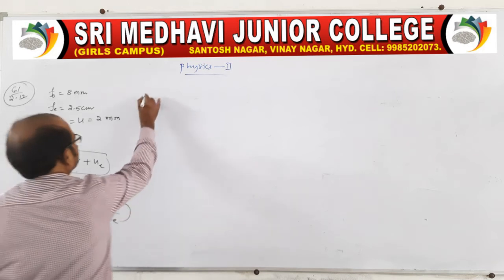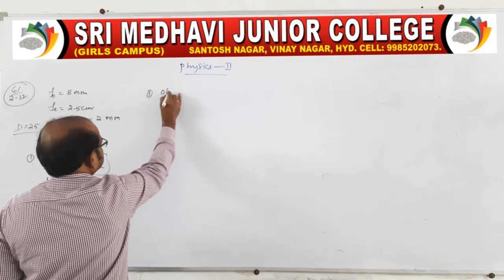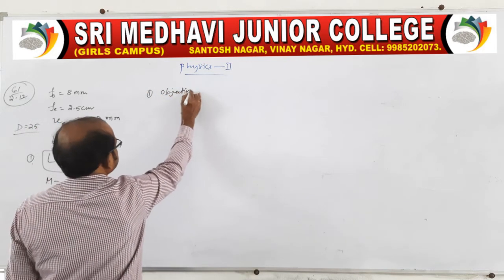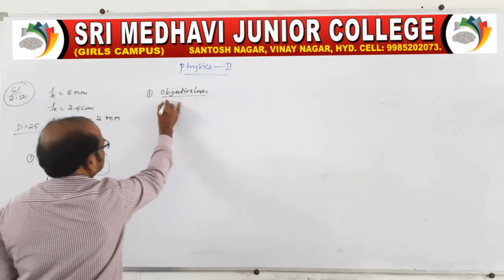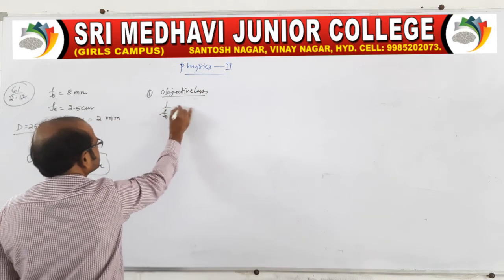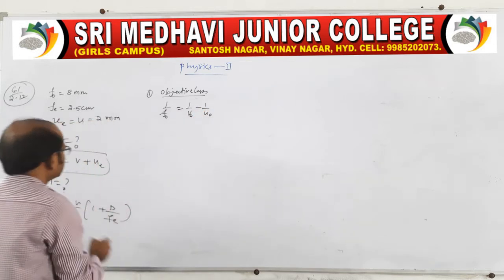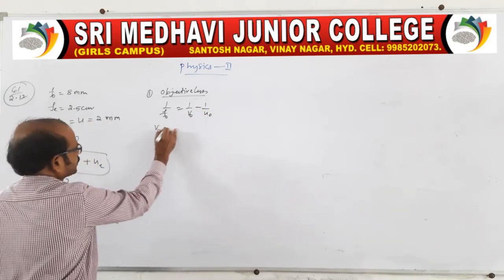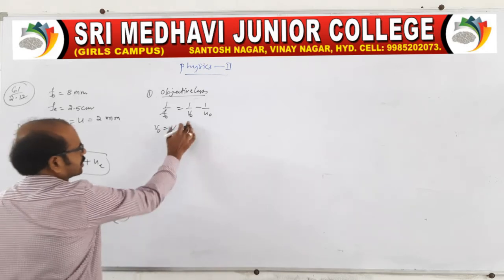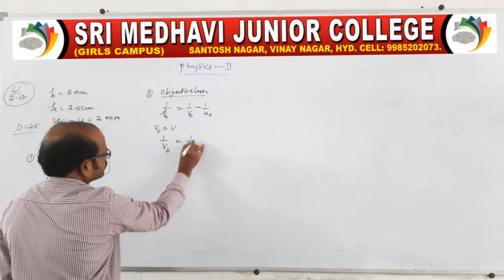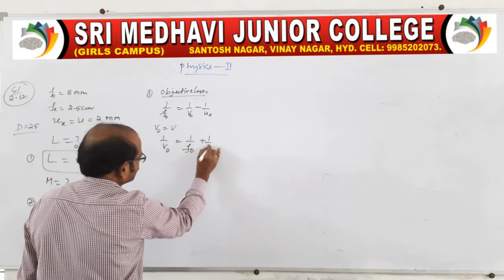See, by the first one, objective lens you take, therefore 1 by F naught is equal to 1 by V naught minus 1 by U naught. Here V naught is nothing but V. Now 1 by V naught is equal to 1 by F naught plus 1 by U naught.